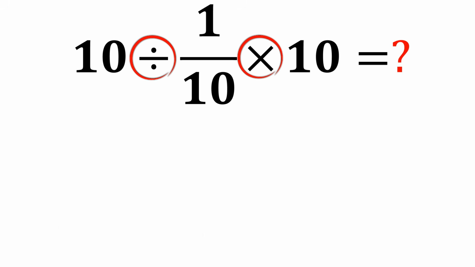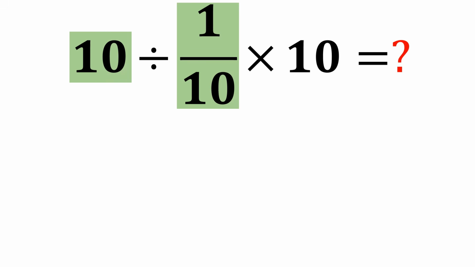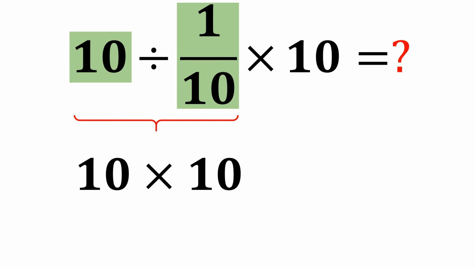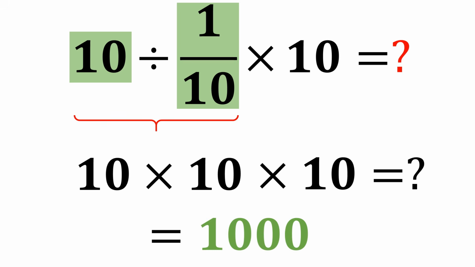Multiplication and division have equal priority, so we must go from left to right. Step 1. 10 divided by 1/10. Using KFC, we keep the 10, flip 1/10 to 10, and change division to multiplication. That gives us 10 times 10. Step 2. Multiply by the final 10, and we get 1,000.